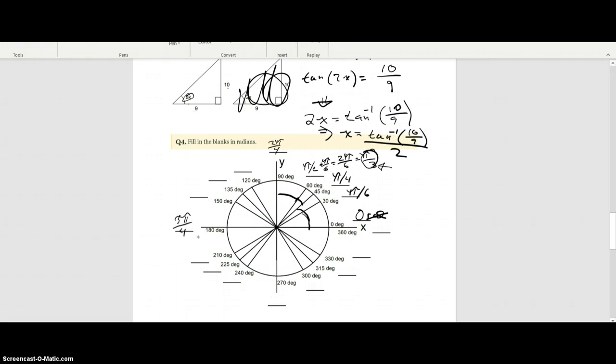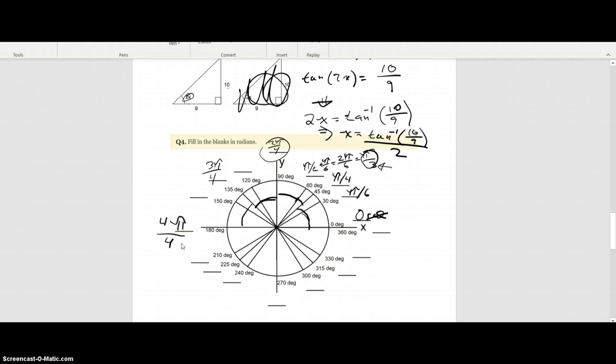I'm sorry about that. It's okay, you know that this should be pi, so I added 90, but we add 45, okay, so we're over here, it's 2 pi over 4. Now we add another 45 degrees right here, so now we're at 3 pi over 4. We add another 45 degrees, so now we're at pi, the same thing as saying 4 pi over 4.